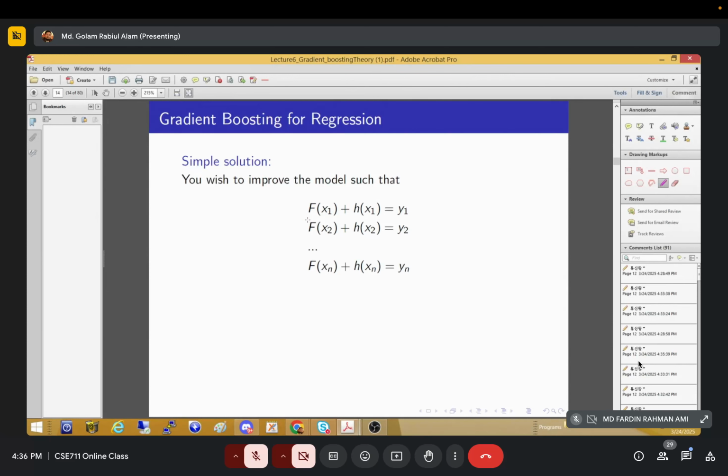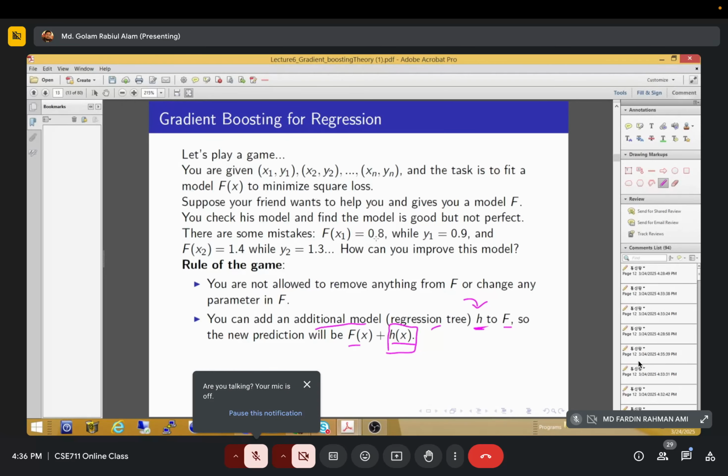It means that f of x1 plus h of x1 will provide us the y1. f of x2, whatever the result from here, h of x2 will provide us the y2. Okay, like here in this case, we can say f of x1 is 0.8.